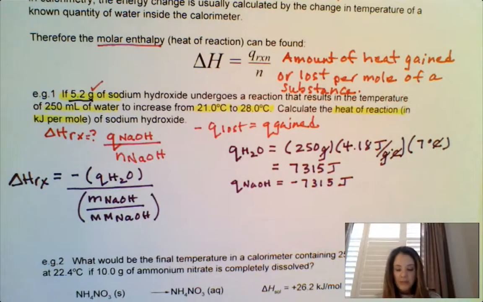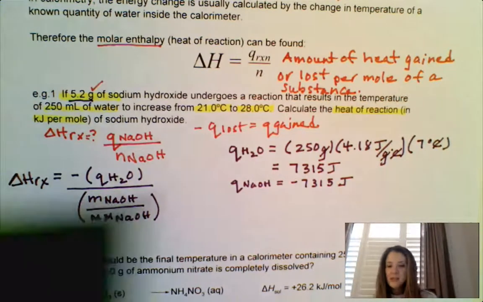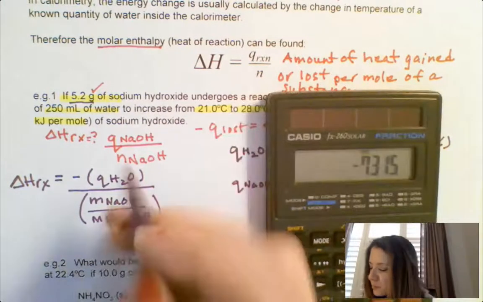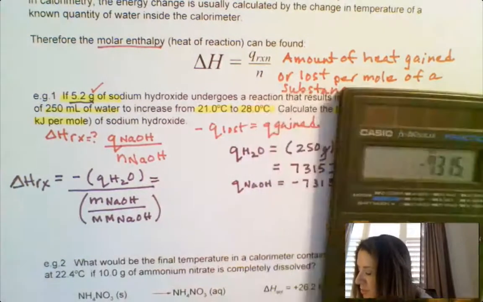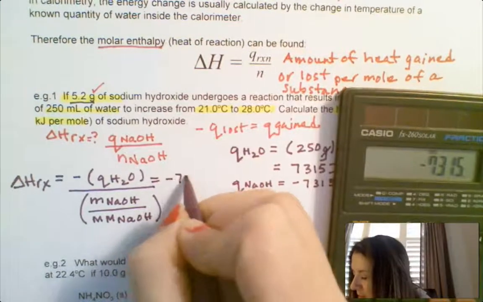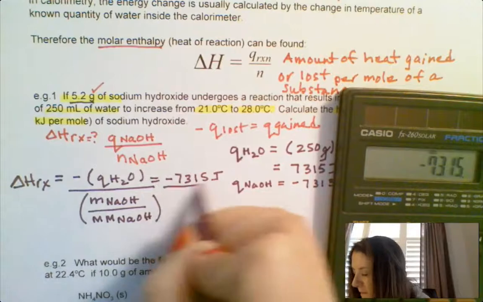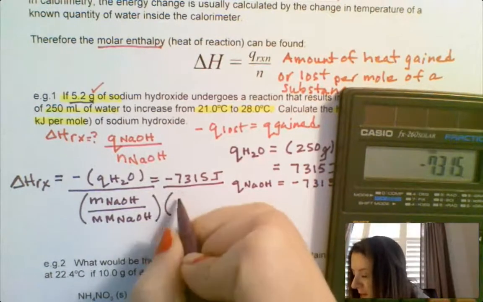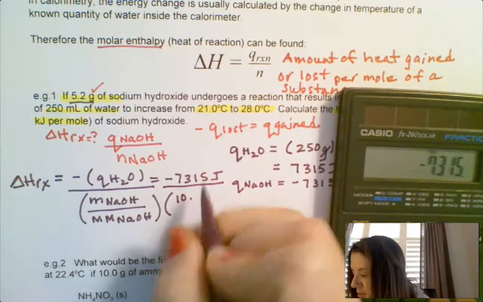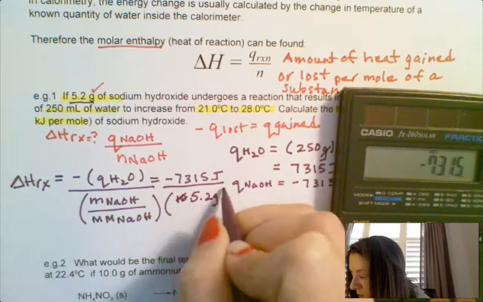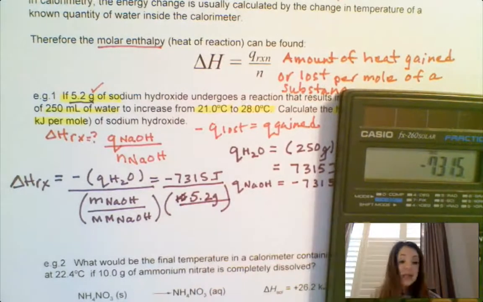At this point in time, this is what I have entered on my calculator. I have this value already up on the top. On the bottom, the mass of sodium hydroxide is 5.2 grams. There we go. And the molar mass I looked up.